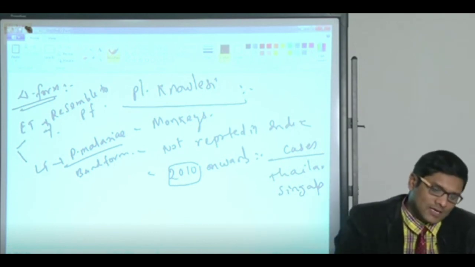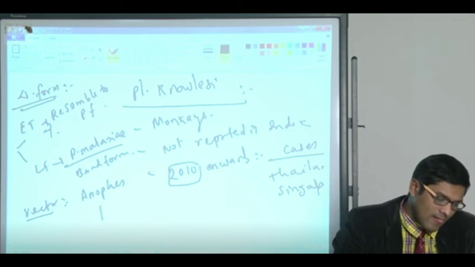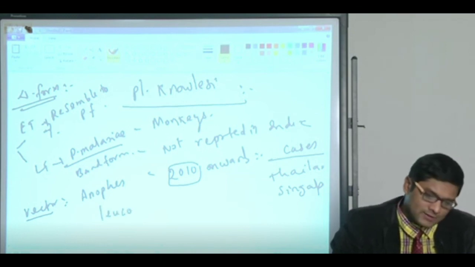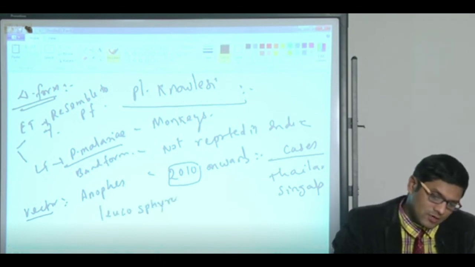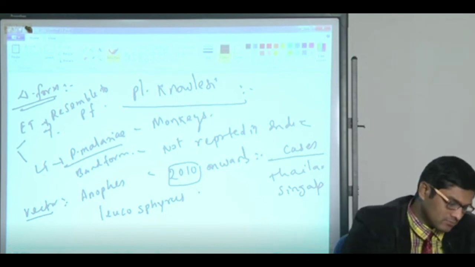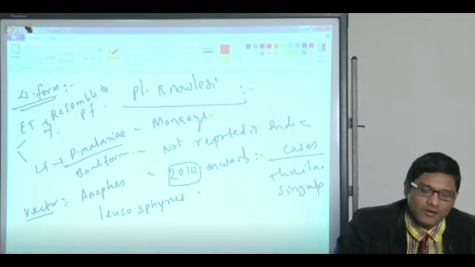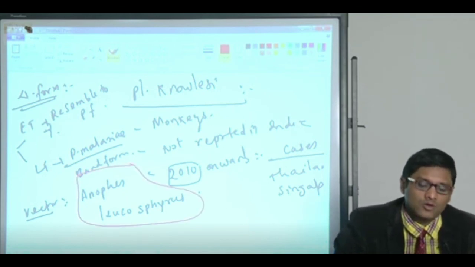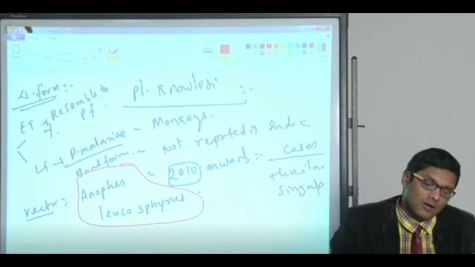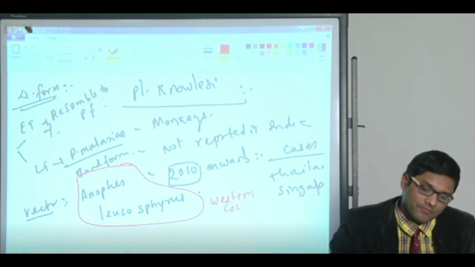Okay, and as I told you, here the vector is a particular species of Anopheles called Anopheles leucosphyrus, and they say that though Plasmodium knowlesi is not found in India, Anopheles leucosphyrus is found in the western coastal belt of India.